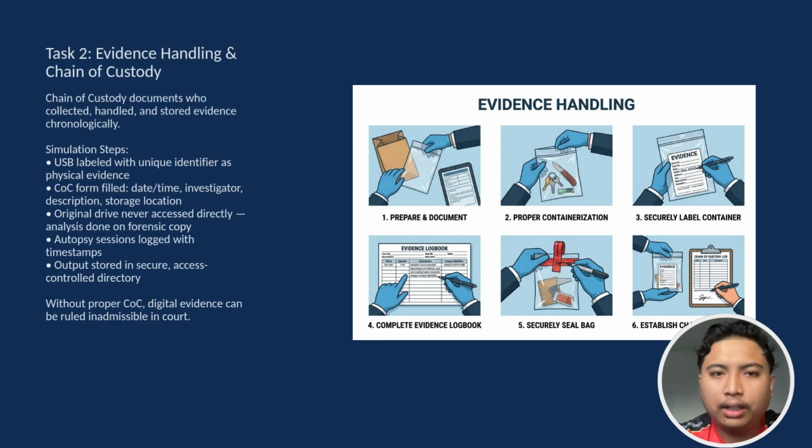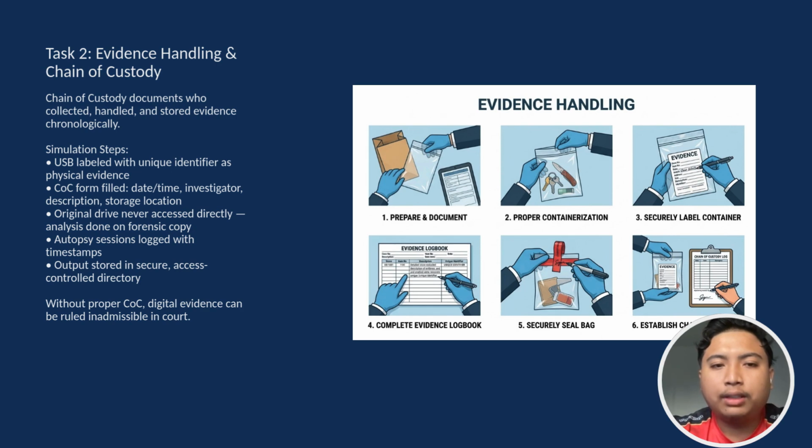Next is evidence handling and chain of custody. Chain of custody is very important because it tracks who collects, handles, and stores the evidence from start to finish. This ensures the evidence is trustworthy in court. In our simulation, the USB drive was labeled with a unique identifier as physical evidence.